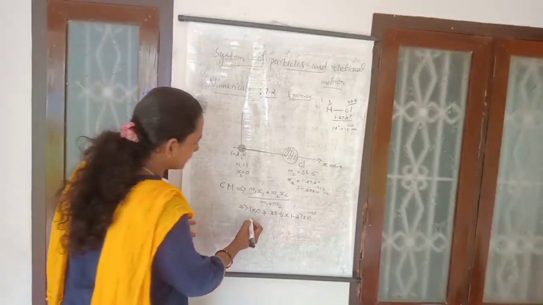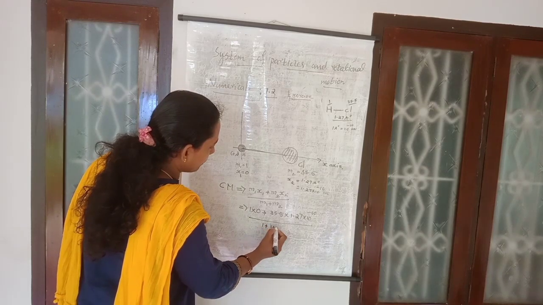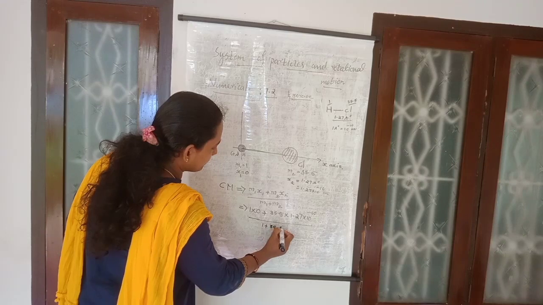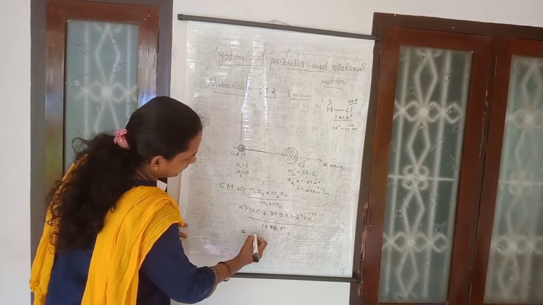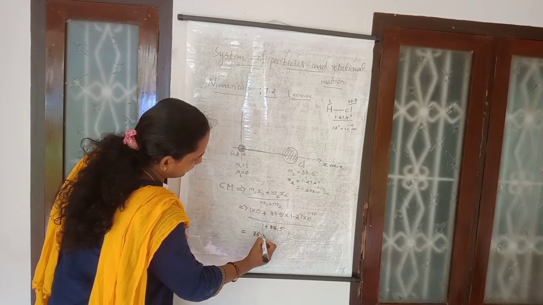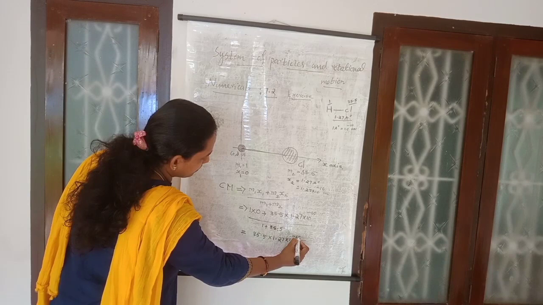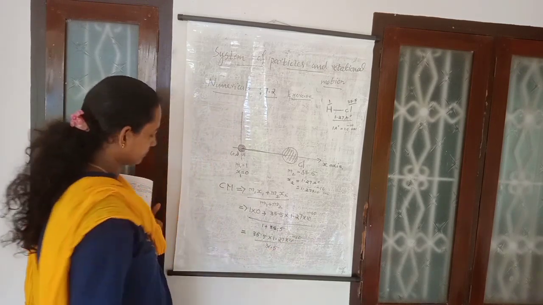Divided by the total mass. Mass is how much? 1 plus 35.5. So the first term comes as 0. Therefore it becomes 35.5 into 1.27 into 10 raised to minus 10 divided by 36.5.